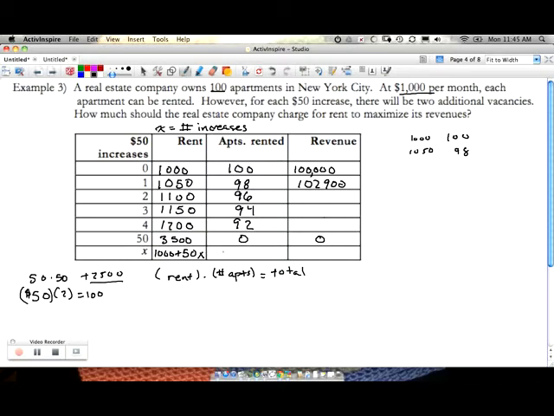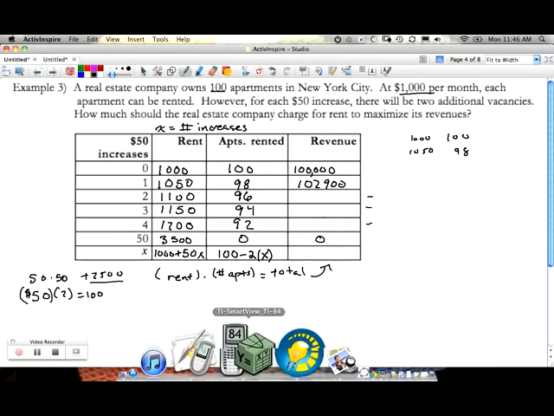And here, we start out with 100 apartments, but we're going to subtract 2 for every x. And then when we multiply those two things, that gives us our revenue. So let's figure out these three and see if we can at least get an idea of what's happening to the revenue.